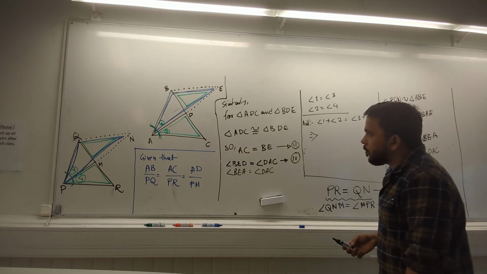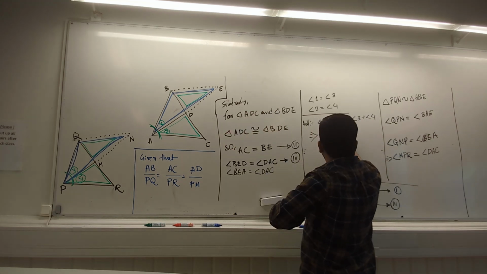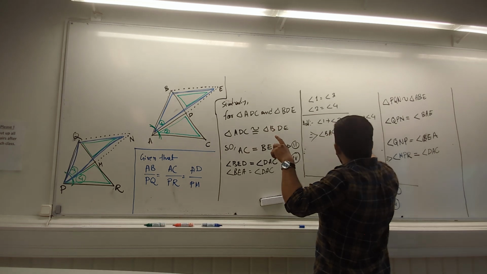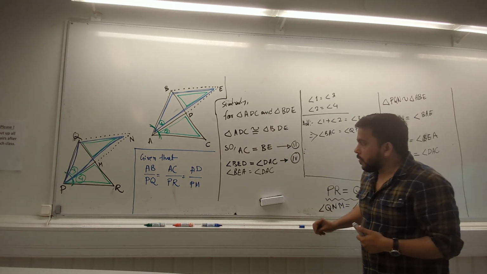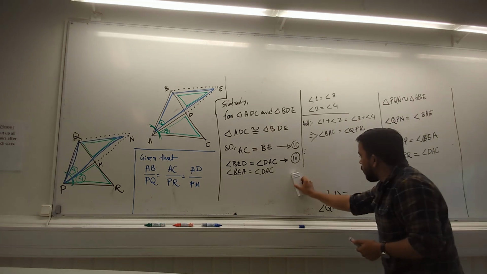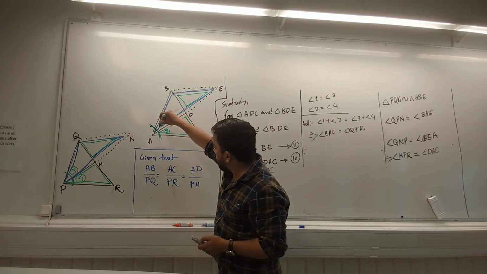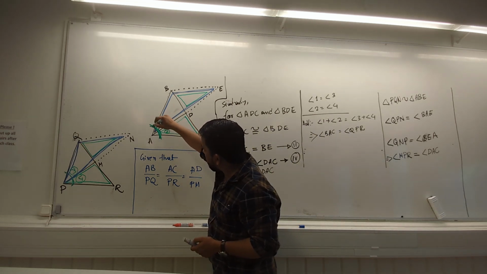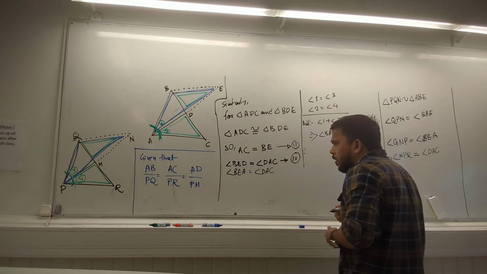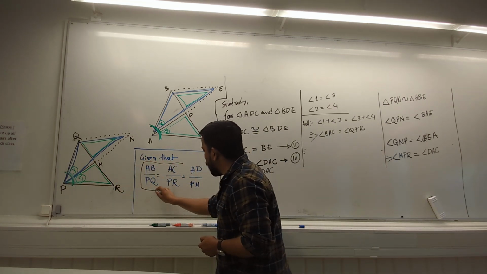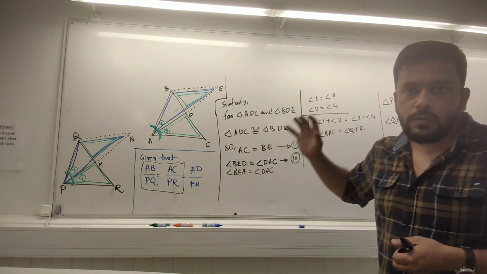And this gives us 1 plus 2 is this big angle, angle BAC, and that is angle QPR. Now if you go back to the beginning of the video, you would realize that our goal was to show that this angle should be equal to each other, because we already have the ratio of two sides. If we had the ratio of all three sides, there would be no problem because they would be similar to each other.